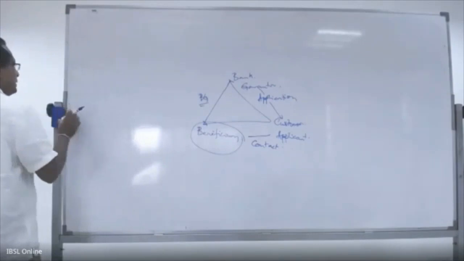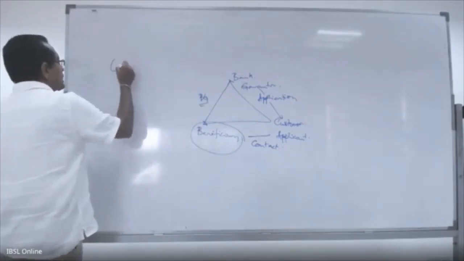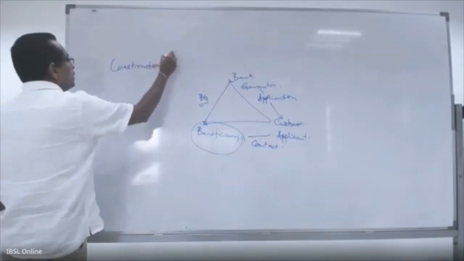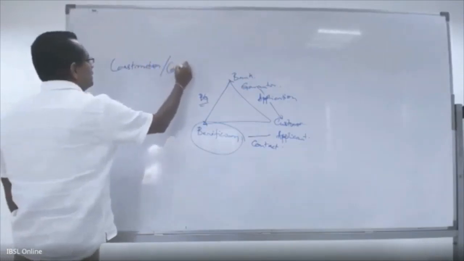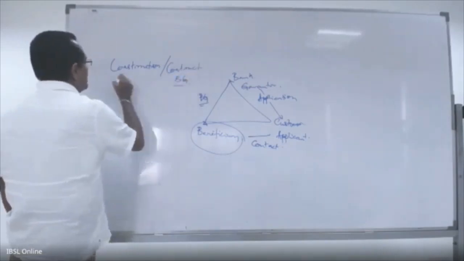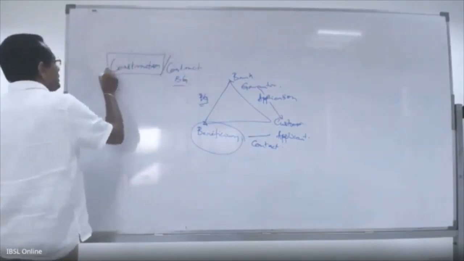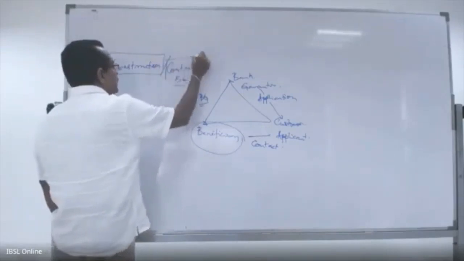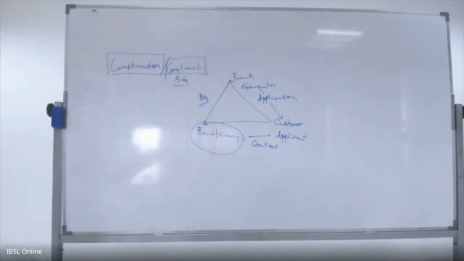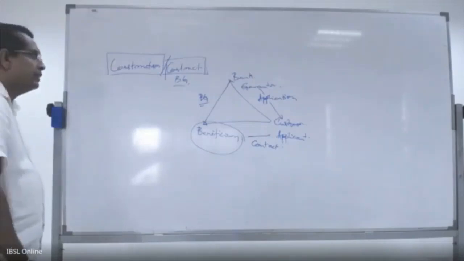Now what we are going to discuss is construction or contract bank guarantees. It can be for the construction industry, or it can be for any contract, not for trading, but for any contract supplies, right?